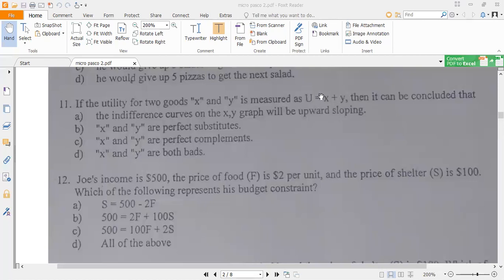At least that's what I know. When you do production and isoquants, I think you see something like this one too. But still, you can also try to verify.